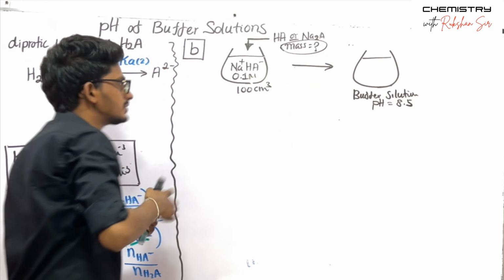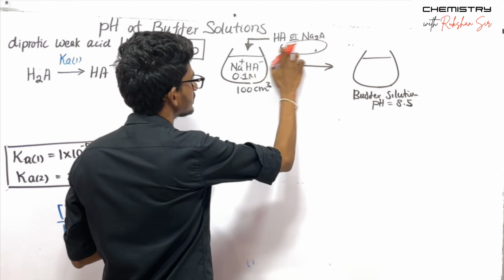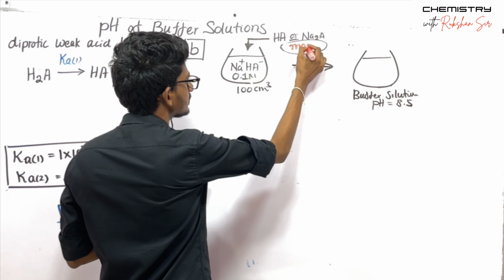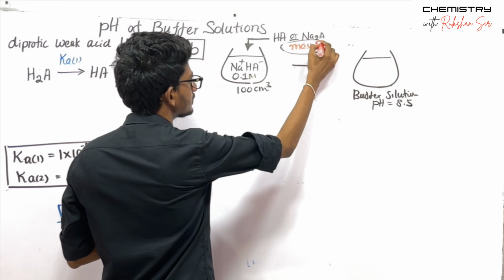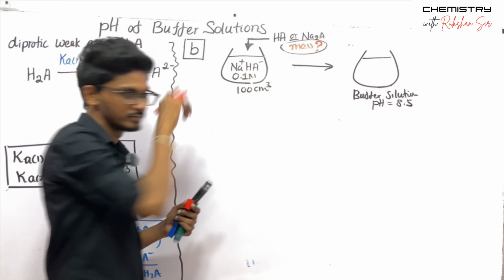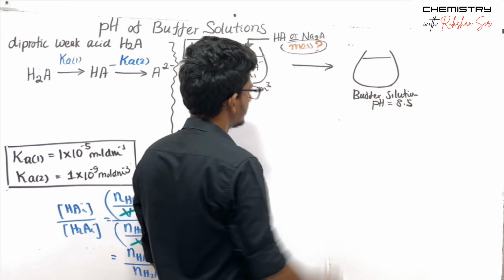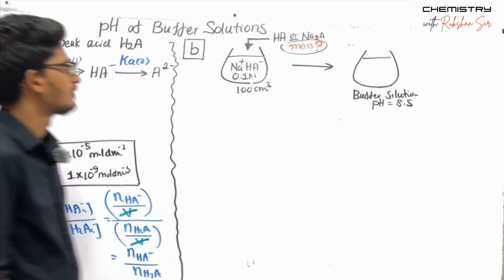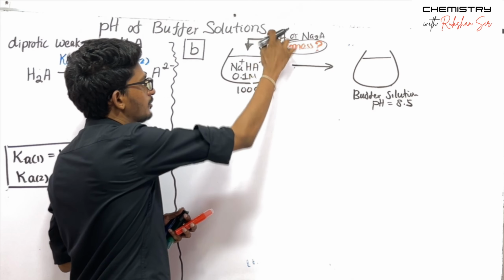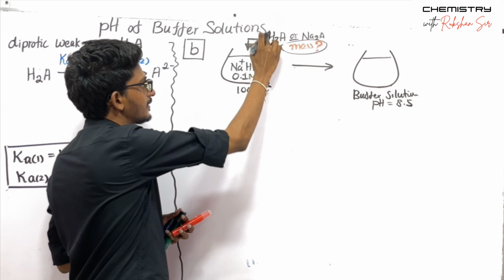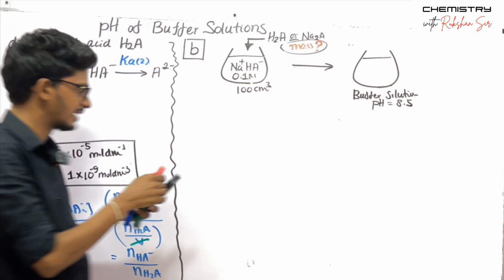This is the question. So you are supposed to prepare a pH 8.5 buffer by mixing Na2A with HA minus. So here the HA minus is needed.